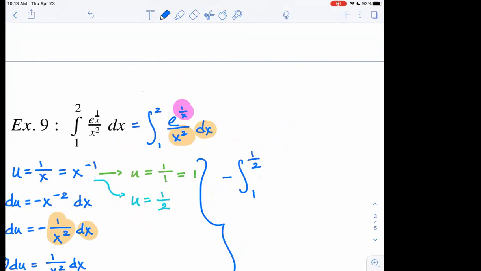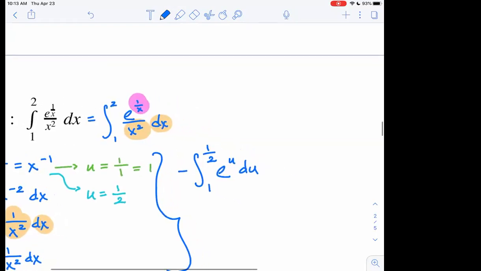Oh, this looks like another case where I can switch my bounds and change the sign to a positive, okay? And then e to the u du, which equals the positive integral of 1/2 to 1 of e to the u du.